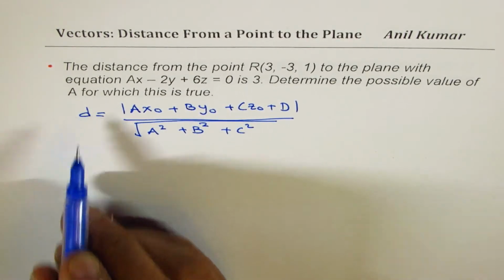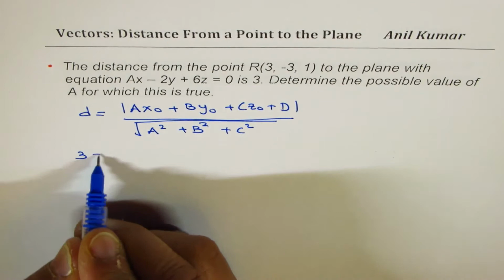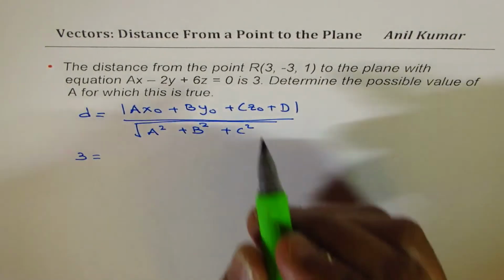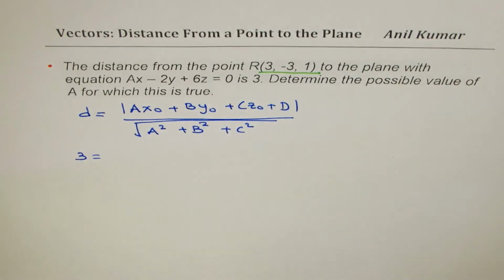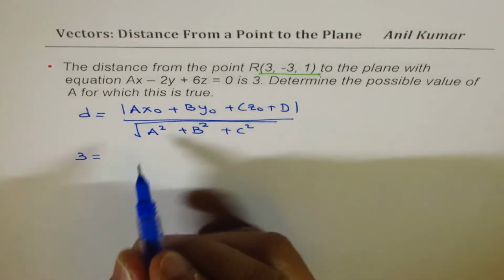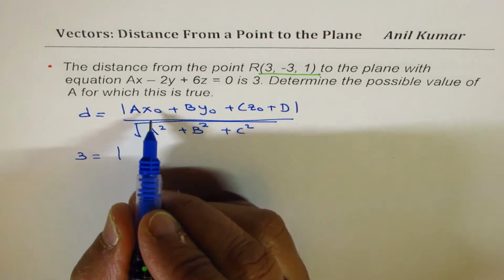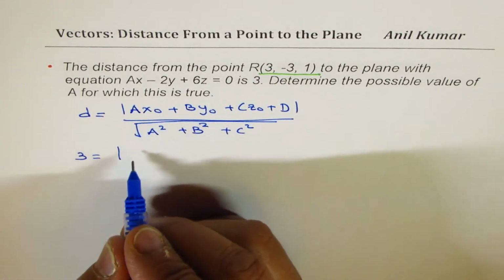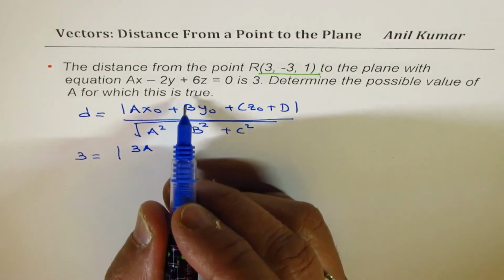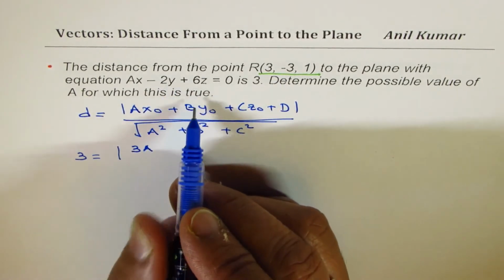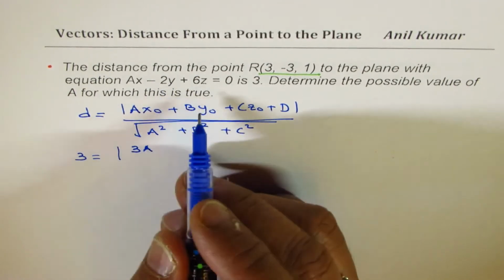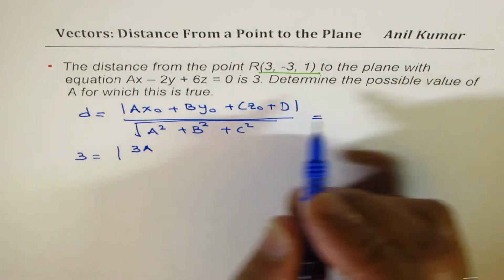We are given the distance as 3, so we could write this as 3 equals, from the point (3, -3, 1). A is not known to us, so this is what we need to find. So we'll substitute 3 for x0. So let me write 3a here, right? Minus 3 for y0.